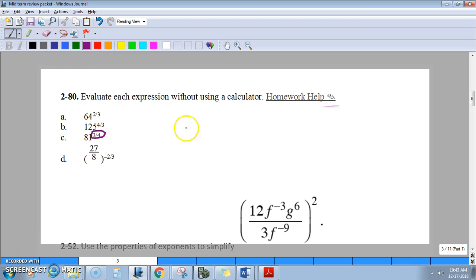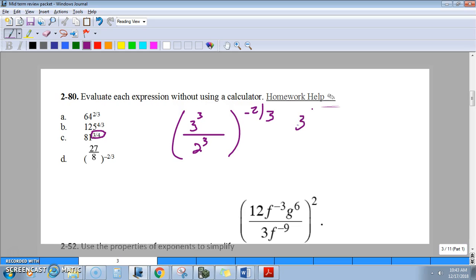Okay? Okay, let's do this last one on this video. All right, 27 over 8 to the negative 2/3 power. So can I make each of those? 27 is 3 cubed. 8 is 2 cubed. And if I take each of those to the negative 2/3 power, the 3's cancel.